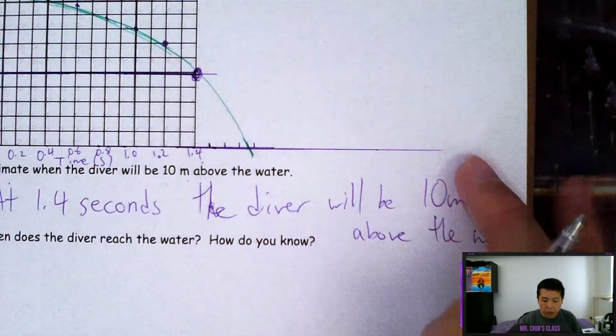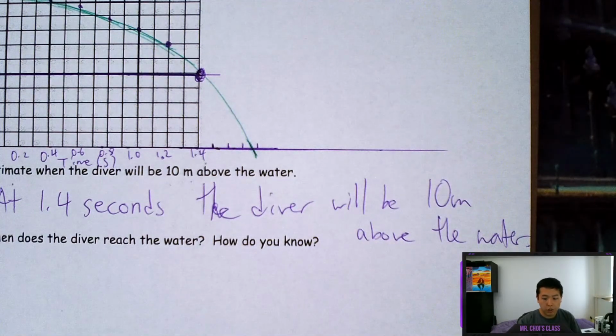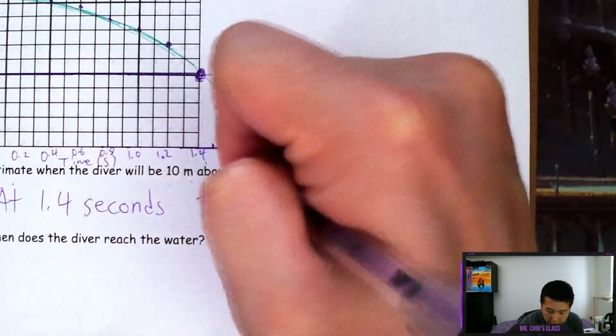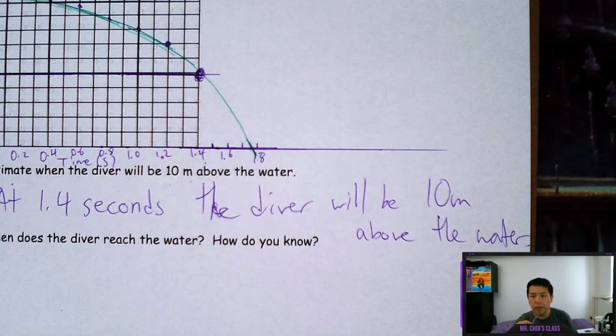Okay, so notice how I've marked ticks for each square that should have been there. And you'll notice for my curve, it hits in between these two. So if I were to keep going, I would have written 1.6 and 1.8. Okay? So approximately 1.7 to 1.8.